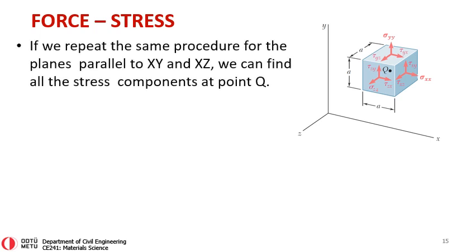Now, if we repeat the same procedure for the planes parallel to xy and xz, remember we cut that section parallel to the yz direction, so we were just looking at this side of point Q. Now if we cut parallel to zx, we get this side, and parallel to yx, you get this side.